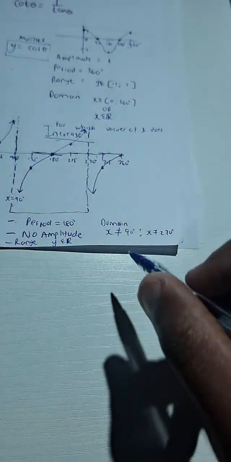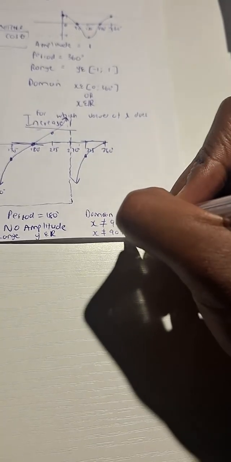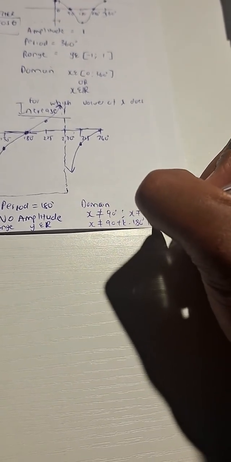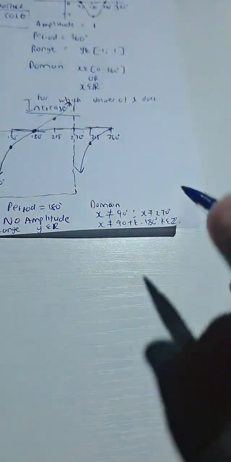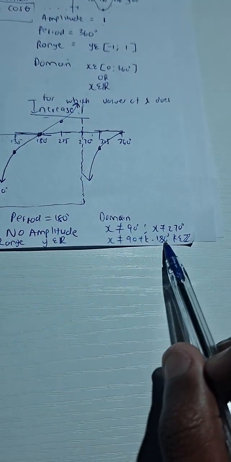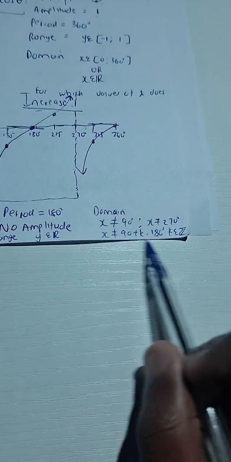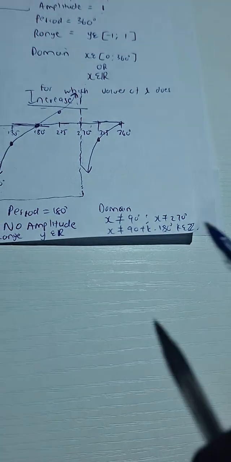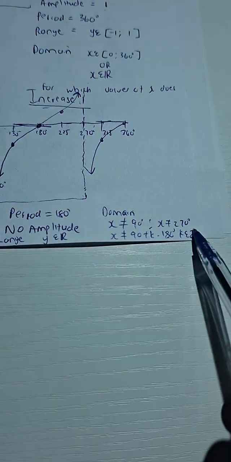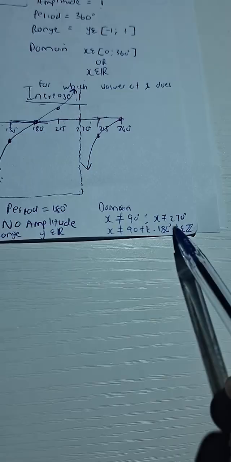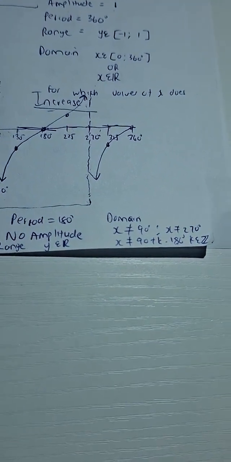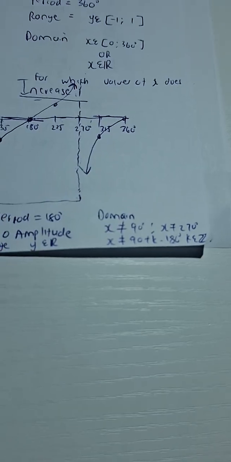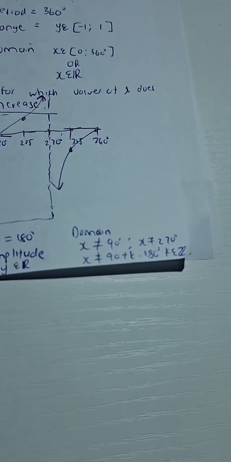And I believe you can actually say X cannot be 90 plus k times 180 degrees, where k is an element of integers. That would be the general solution: x is an element of real numbers, with the exclusion of all the values you would get from this general solution. I think we got there.